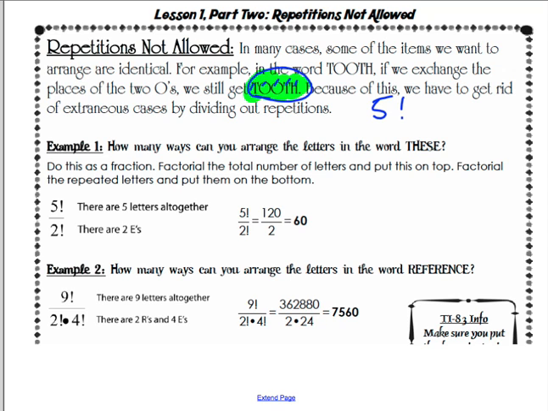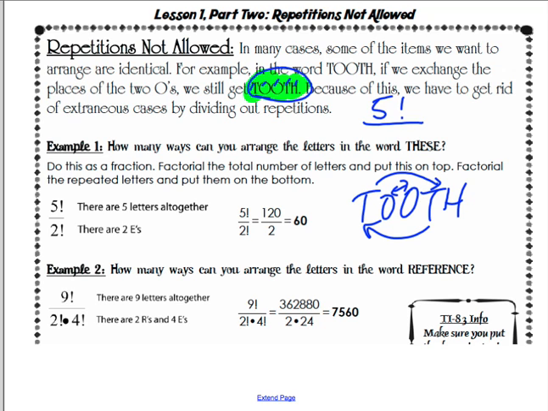But what we have to understand is that there are 2 T's that are identical. So if I put them in this order, and I switch those 2 T's into different spots, I'm going to get the exact same word, the exact same combination, because these 2 T's are identical. Same thing, I could change the order of the 2 O's, and I'm going to have the same word.